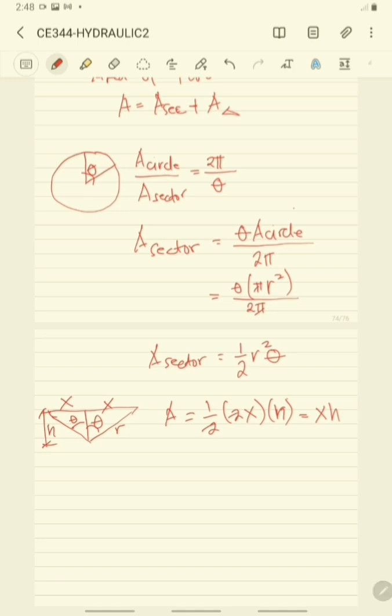We need to determine x and h using trigonometric functions in terms of the radius. So we have sine theta is equal to x over r, so x is equal to r sine theta.